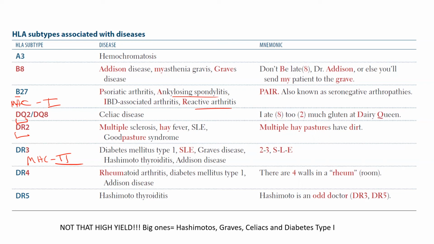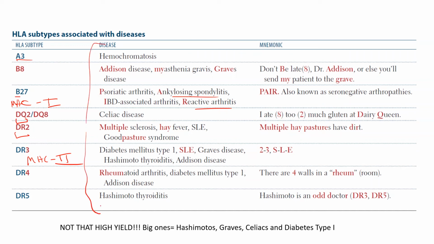And you're like, virus, CD8, that responds to MHC class 1. I'm going to be looking for my B27 or B8 or something like that, right? It's going to be associated with MHC class 1. So something along those lines, just keep that in mind for these guys. That's what the 1 and 2 letters are for MHC.